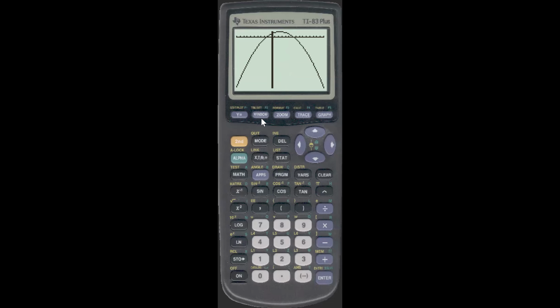What we're going to do here is go back and modify the window, but you can see it kind of worked. So what I'm noticing here is we need to go further up on the Y, but we don't need as much down on the Y. Left and right look okay. So I'm going to go to the window and change the Y max to like 1,000.